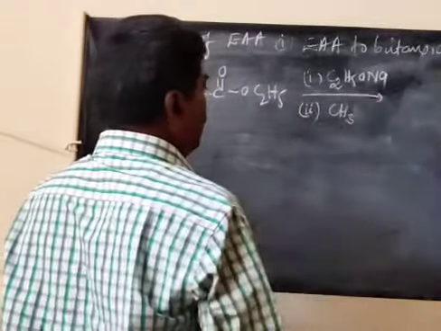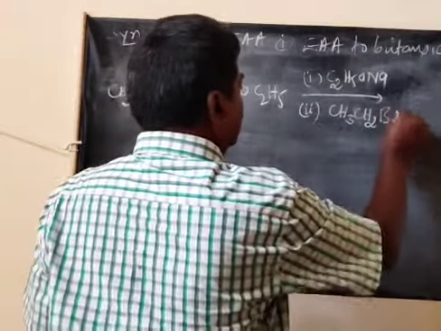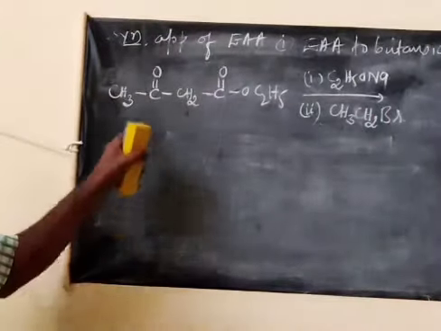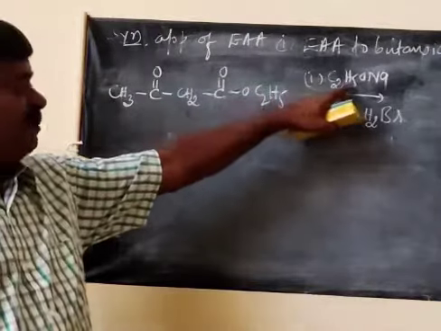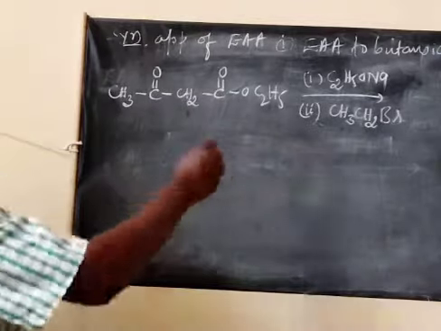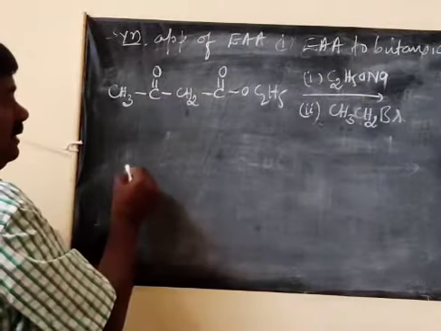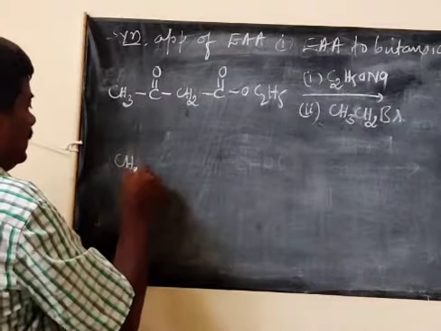So the first step is common. You have to treat ethyl acetoacetate with sodium methoxide. One proton is replaced by a sodium atom. Then treat that with ethyl bromide. So what happens?